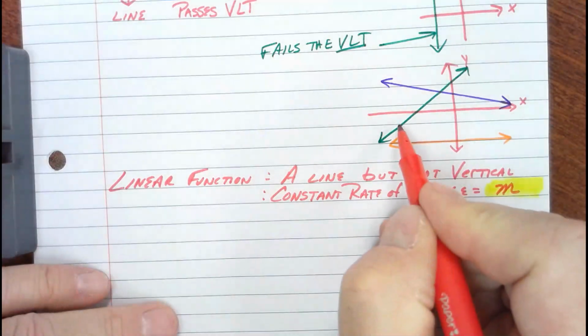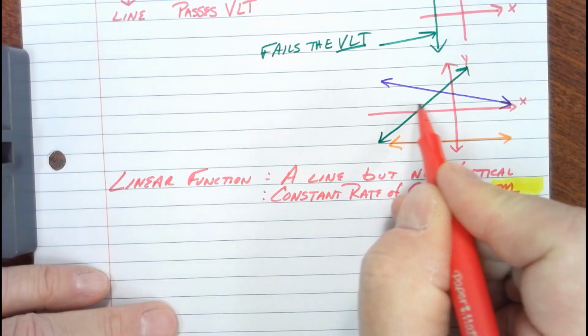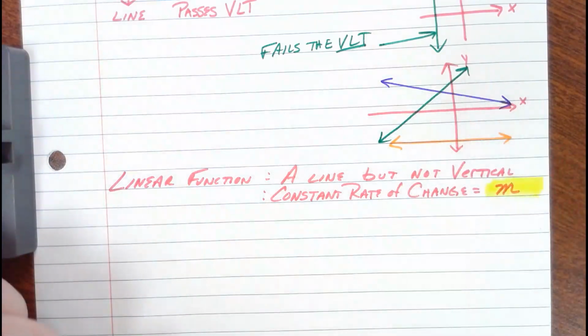And we know that each of these lines has the same rise and run. That's how we get them on the graph.